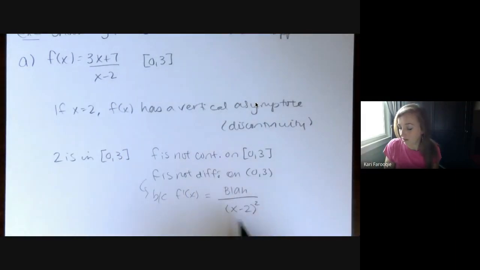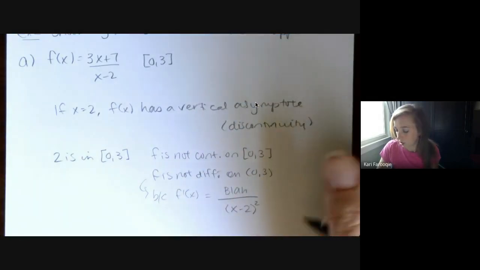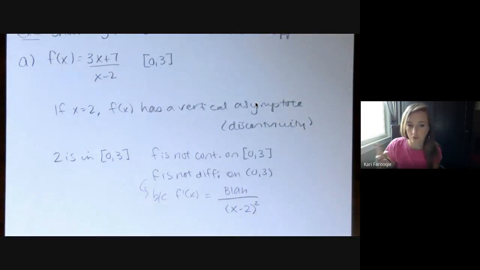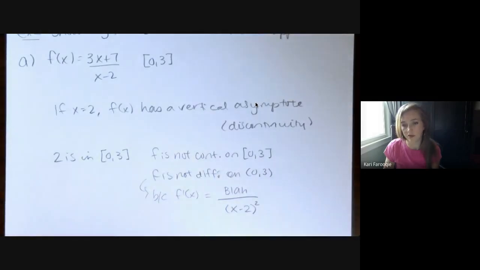And at 2, you're going to violate that. You cannot find f prime of 2. So 2 is in the interval, but f is not continuous at 2, and f is not differentiable at 2. So already we violated those conditions.